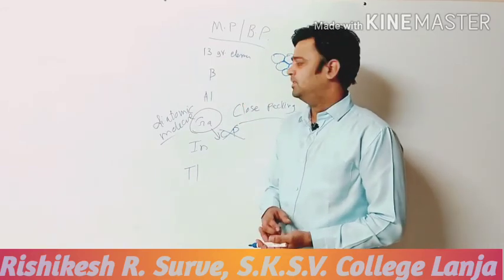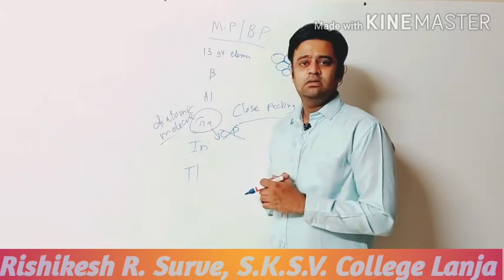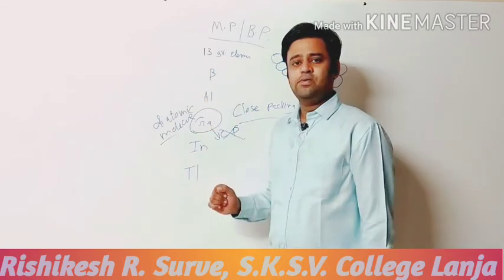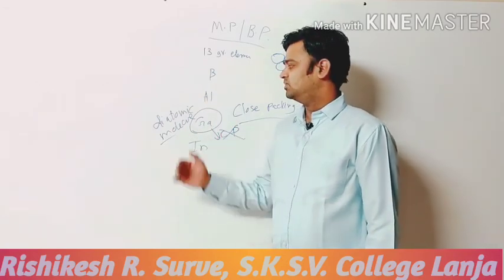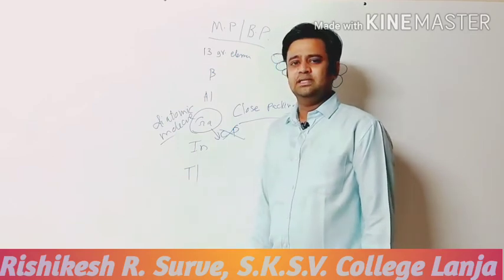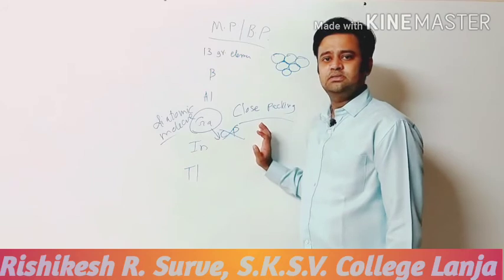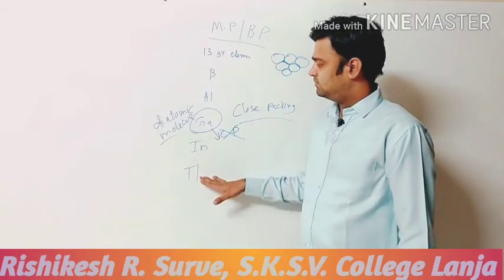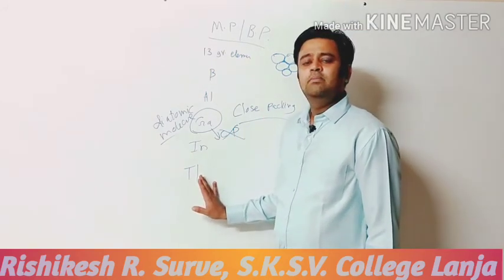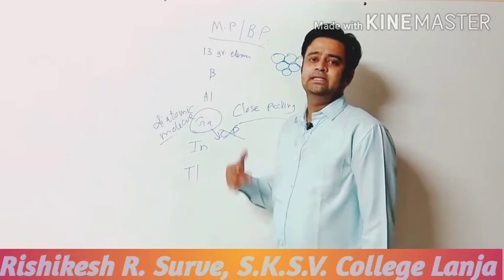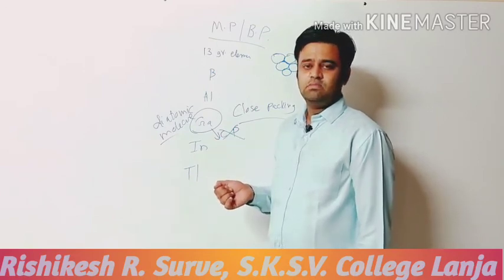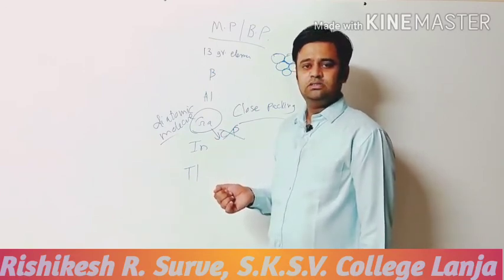The melting point will be the lowest in the series. Since gallium is diatomic, it will melt easily. But again for thallium, the melting point increases. Got it?